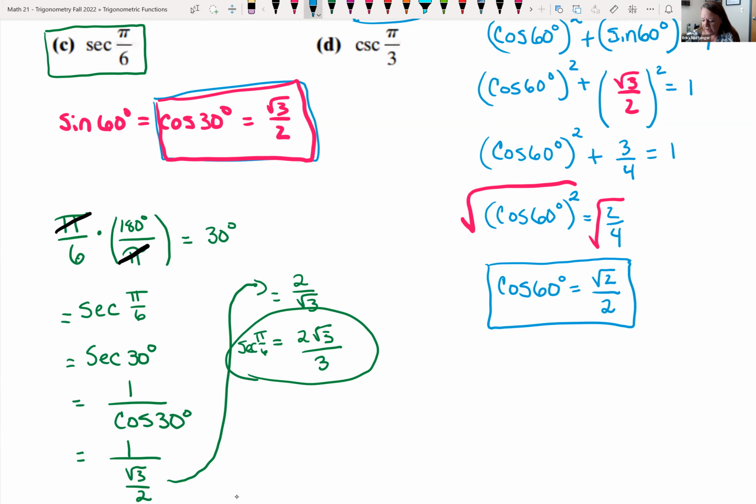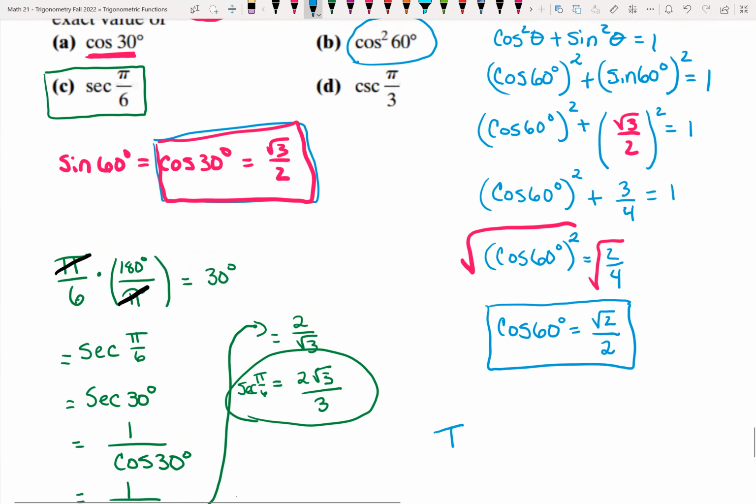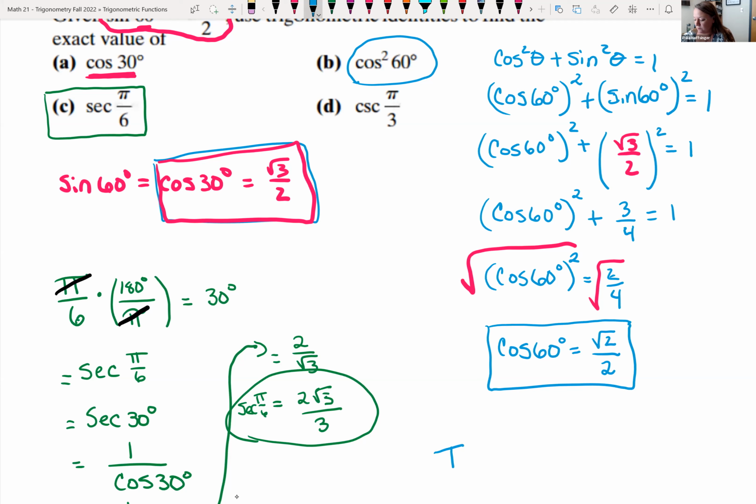Professor, I have a question about B. Okay. So when we did cosine 60 degrees squared and then we subtracted the 3/4 from the 4/4, would it not be 1/4 instead of 2/4? You're right. I don't know why I did that. So 4/4 minus 3/4 is 1/4.